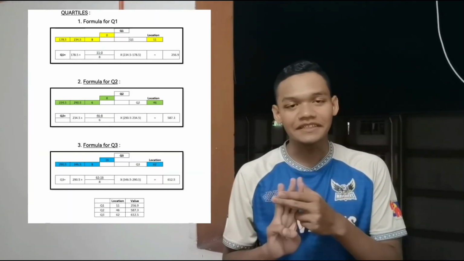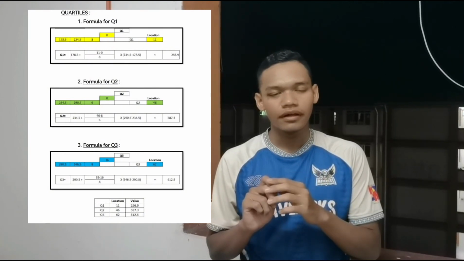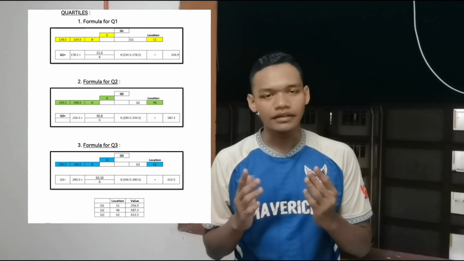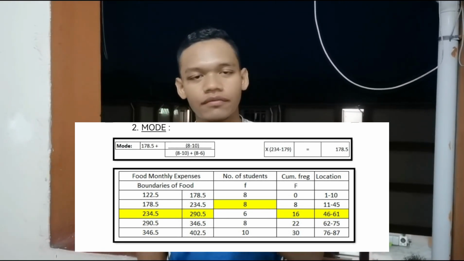Quartile is divided into 3: first quartile, second, and third. The first is the lower number. Now you refer to the tables. I highlight the yellow color. And the odd value, the often value, is 3 times frequently.